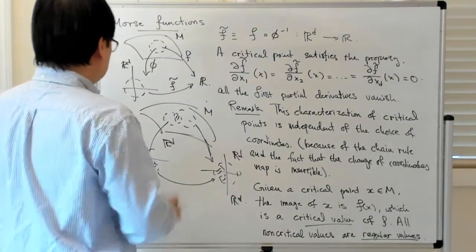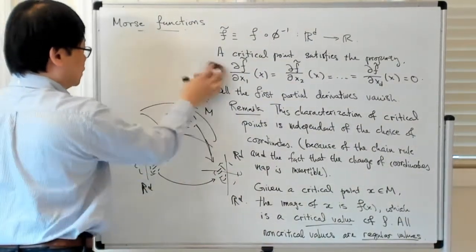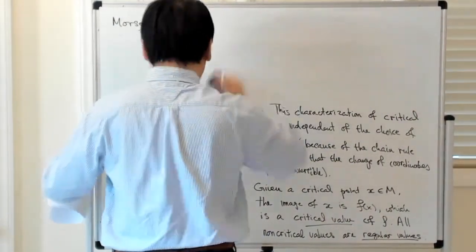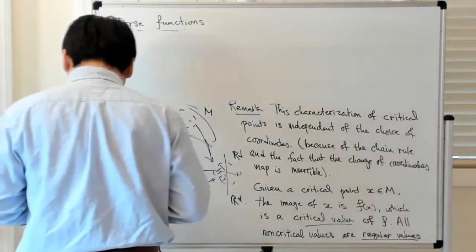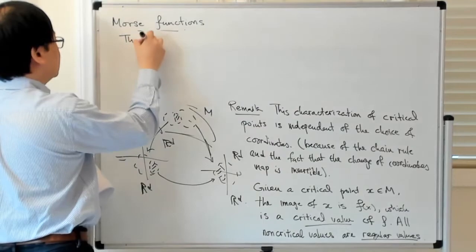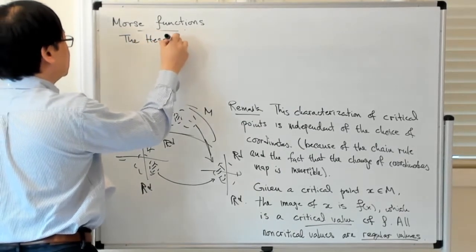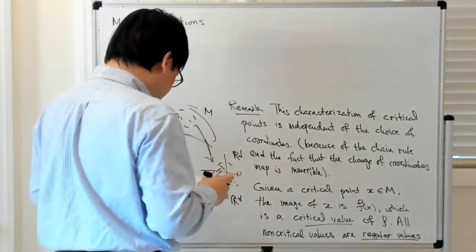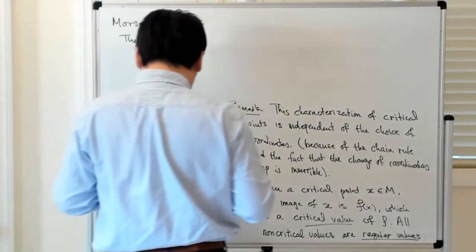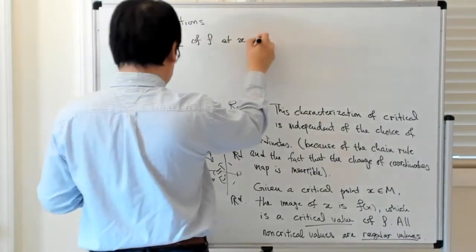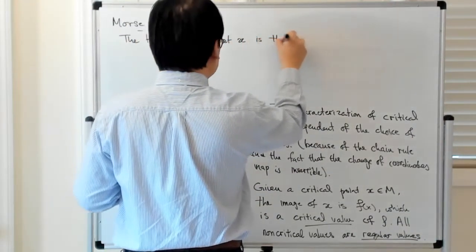So let's go ahead and do that. The Hessian is really just the matrix of second derivatives of f at x.